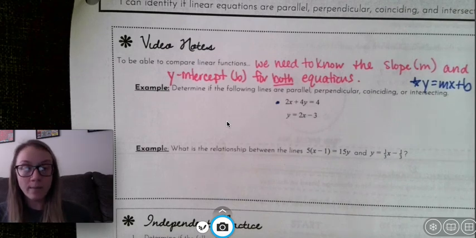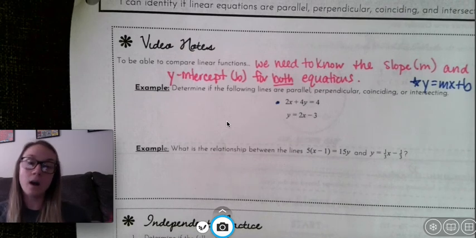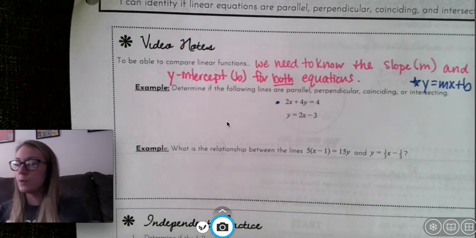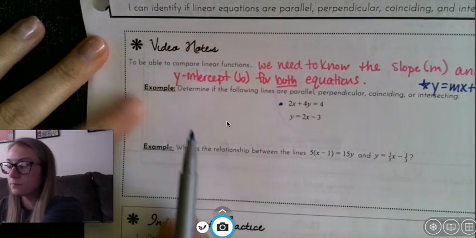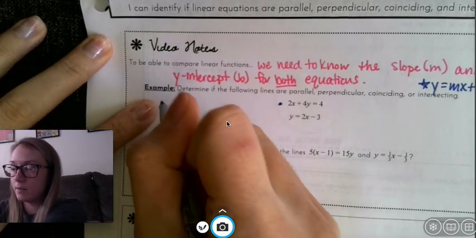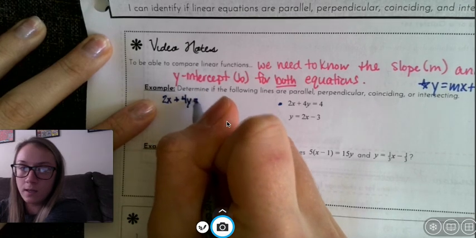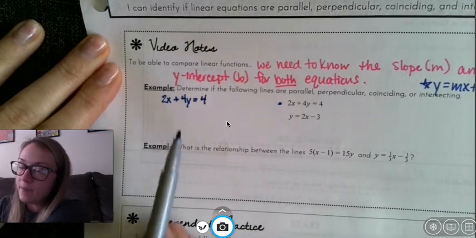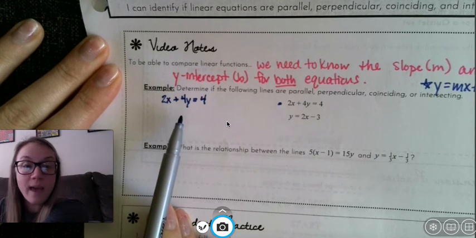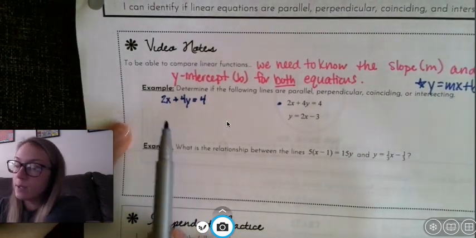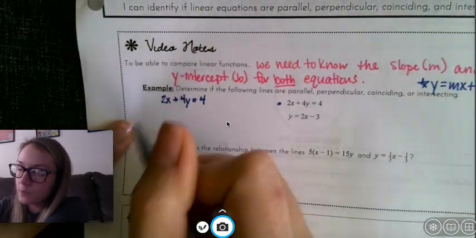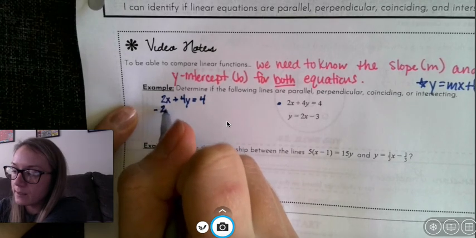We want to get y by itself so that we can have mx and b on the other side of the equal sign. So I'm going to rewrite it right on this side. So we have 2x plus 4y equals 4. And if I want to solve for y, I have to move everything away from it. So I want to move away my 2x. So I'm going to subtract that from both sides.